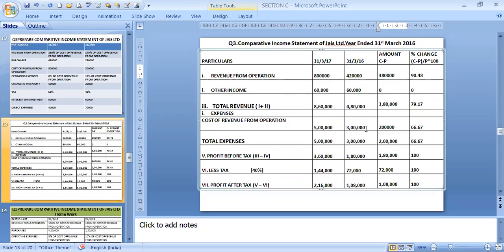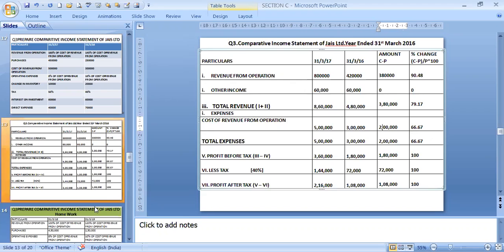Cost of revenue from operation is 2 lakhs by 3 lakhs into 100, which is 66.67. There are no other expenses as such. Profit before tax is 1,80,000 by 1,80,000 into 100, which is 100%. This is also 72,000 by 72,000 into 100, and 1,08,000 divided by 1,08,000 into 100 is 100%. That means absolute change by previous year into 100.